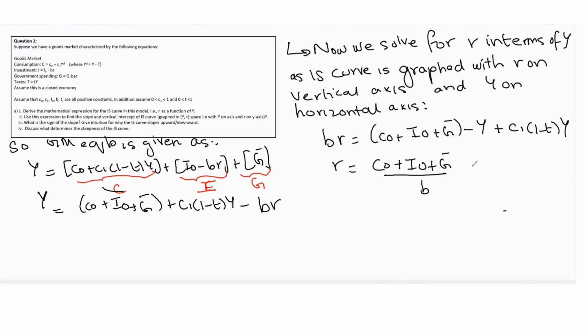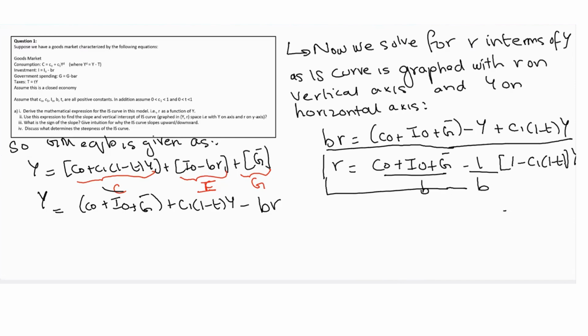And then we factor out a minus Y, minus 1 over b times (1 minus C1(1 minus t))Y. So here we've factored out the minus and the Y, and then divided both sides by b. This is the equation of our IS curve, such that we're plotting R on the vertical axis and Y on the horizontal axis.